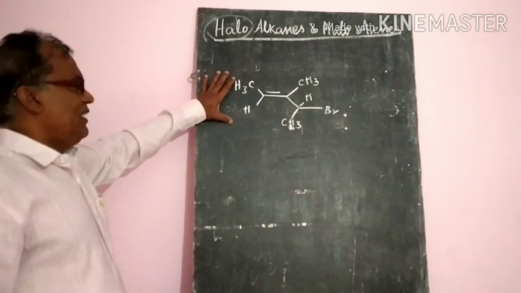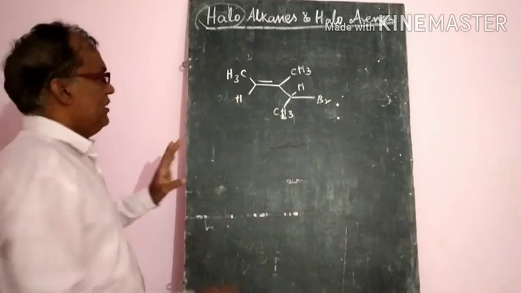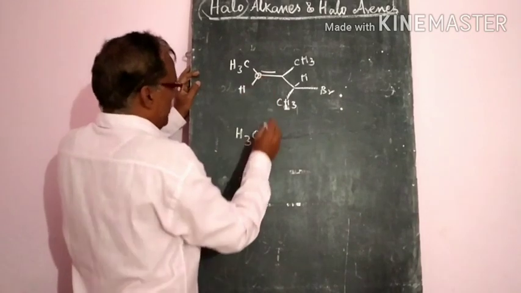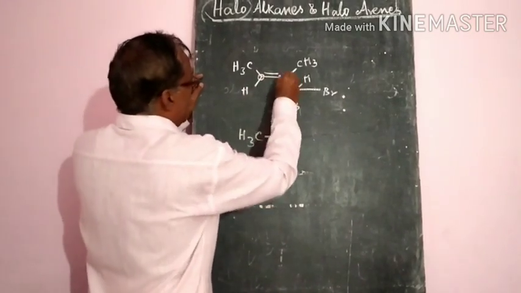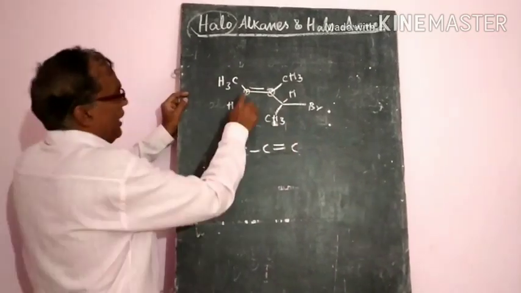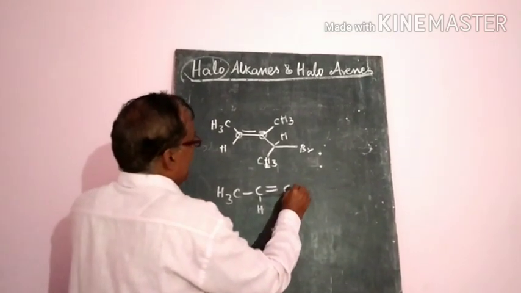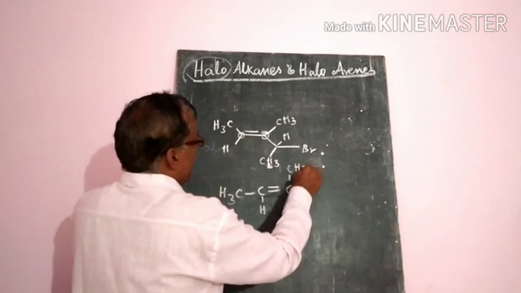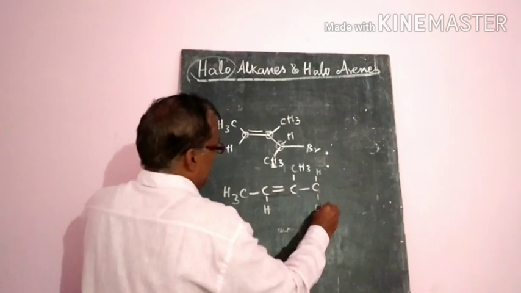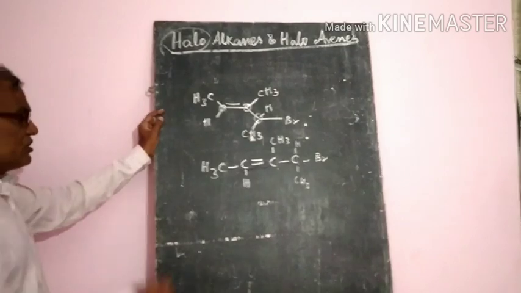I told you that whenever they give structures in this manner, try to write it in a straight chain. First CH3, then this is another carbon atom, and this is also another carbon atom. Between these two carbon atoms a double bond is there, and for this carbon atom hydrogen is attached. For this carbon atom one CH3 is also attached, and this is another carbon atom, attached to hydrogen, CH3 and Br. So this is the straight chain structure of the given compound.